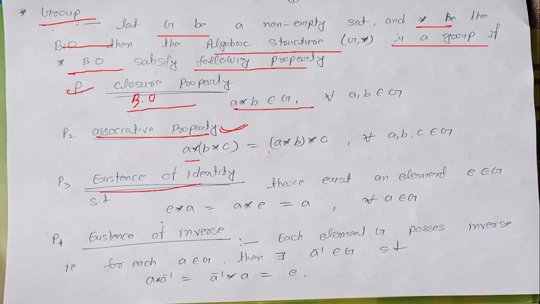Third, existence of identity element: A star E equals E star A equals A for all A belongs to G. Fourth, existence of inverse: every element of G has an inverse element under that binary operation, so A has inverse A inverse, and A inverse has inverse element A, and vice versa.